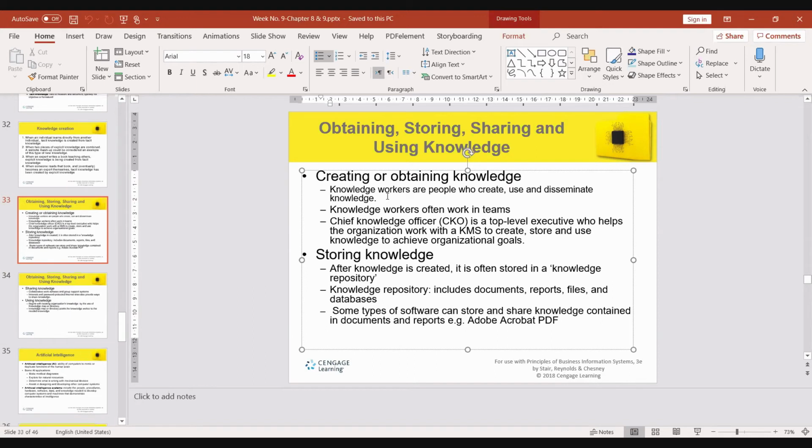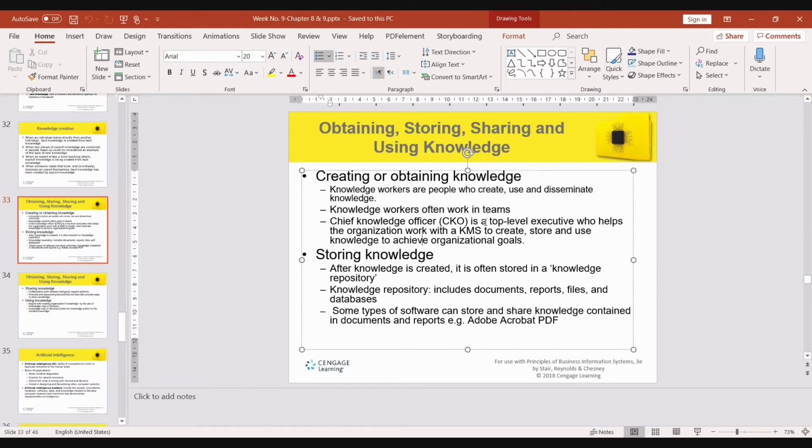Now, who is going to create it? The people who are working with the knowledge are called knowledge workers. Knowledge workers often work in teams, like your technical people who will work in a team that has all the knowledge about the organization.